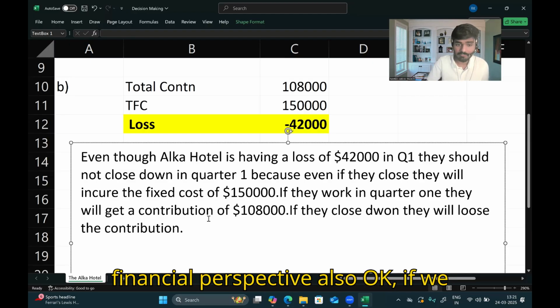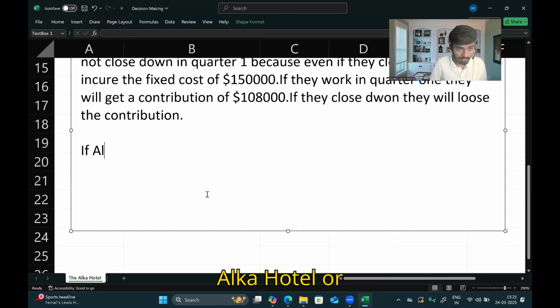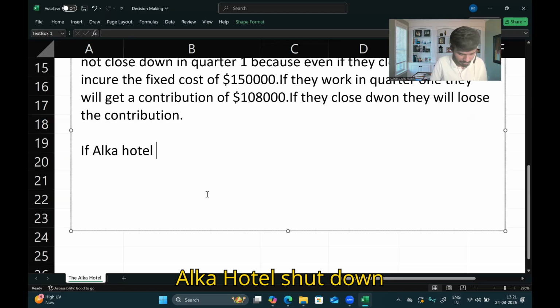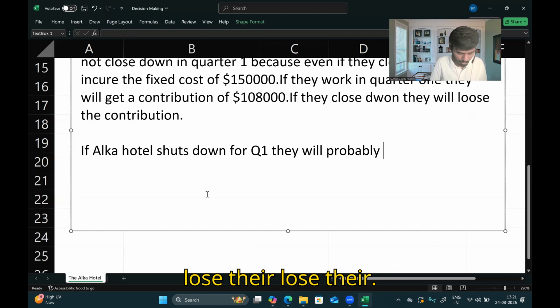We should also write, if Alka Hotel shuts down for Q1, they will probably lose their reputation.